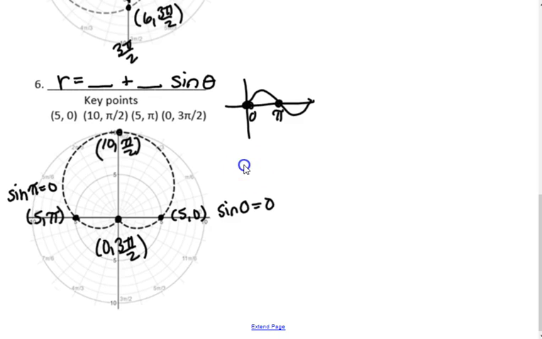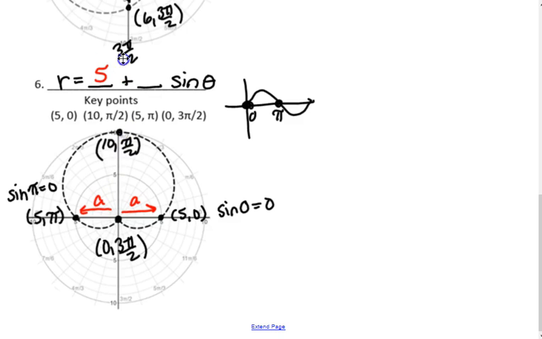So I'm looking sideways to find a. This is going to be my first number, because if sine of 0 equals 0, then I have a plus b times 0, and so r is just going to equal a. So a is 5, because I go 5 sideways in either direction. Now my biggest number up here is 10.